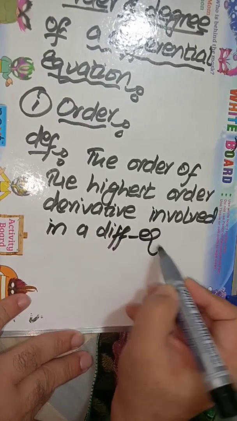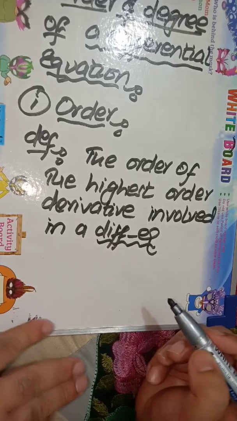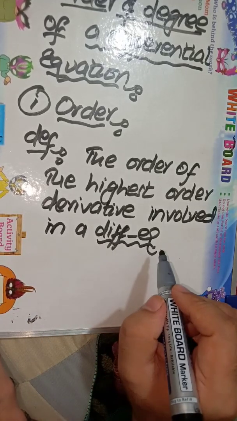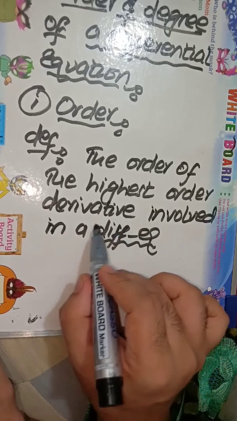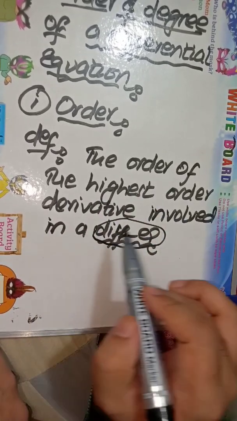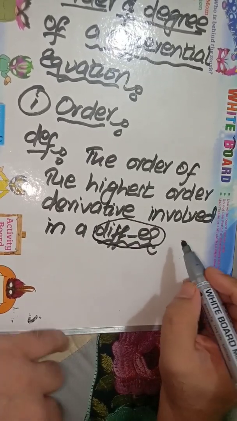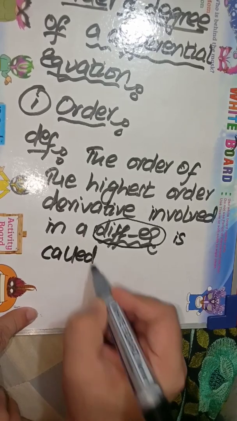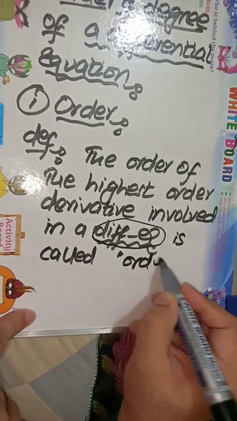I abbreviate the differential equation word by DIFF-EQ. You must understand that it is written the word differential equation. So the order of the highest order derivative involved in a differential equation is called the order of this differential equation.